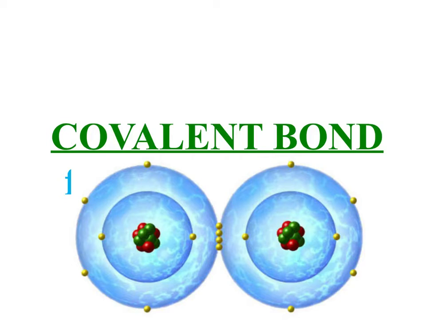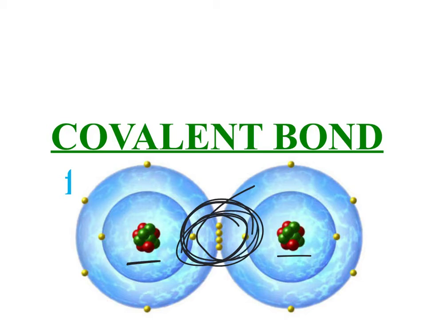Notice representations of covalent bonds will often show electrons between the nuclei of two atoms. They often show electron clouds overlapping.